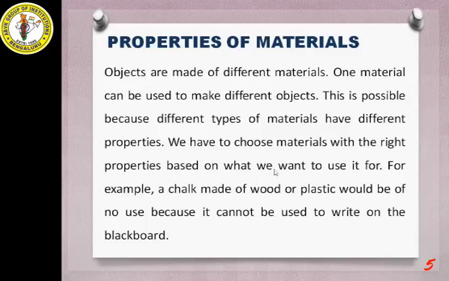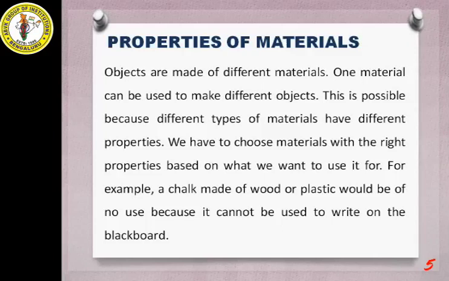We have to choose materials with the right properties based on what we want to use them for. For example, if I want to make a desk, I need to use a proper material. I need to see the properties of the material. I can't make a desk by using paper. I can't make a desk by using glass, because the properties won't match.